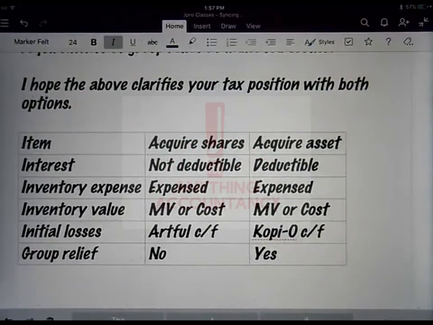Of course, if you write like that, you fail in the exam. Are you clear? But that's what the question wanted you to talk about.